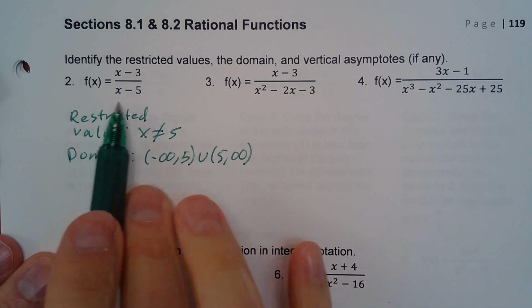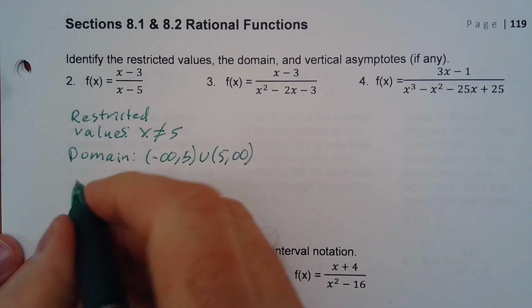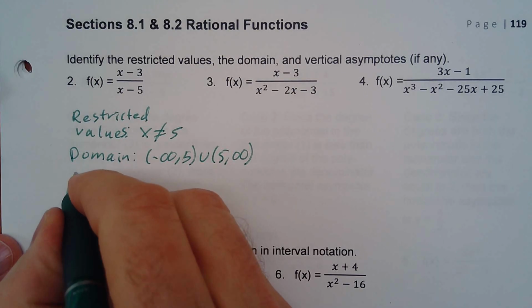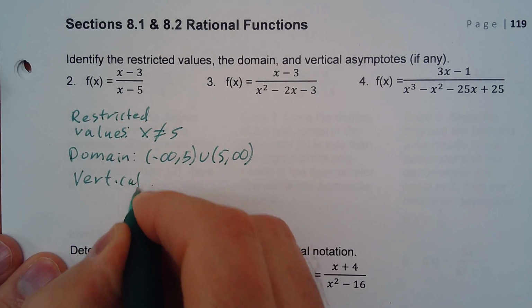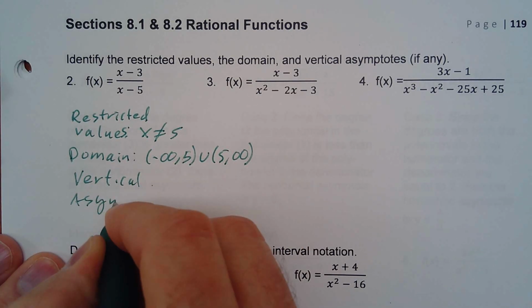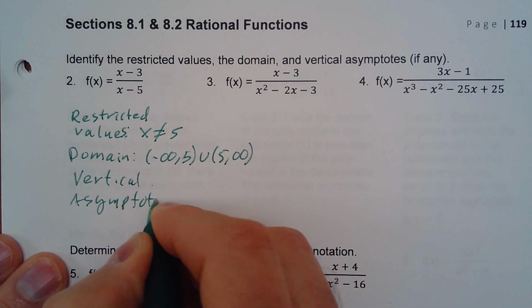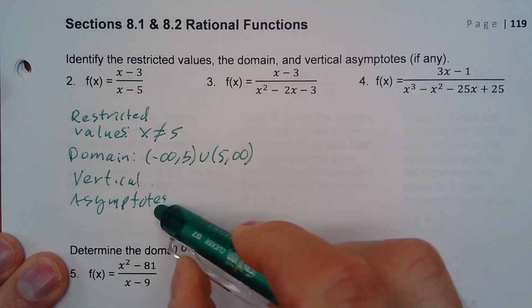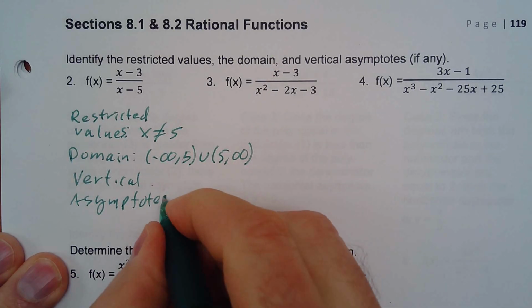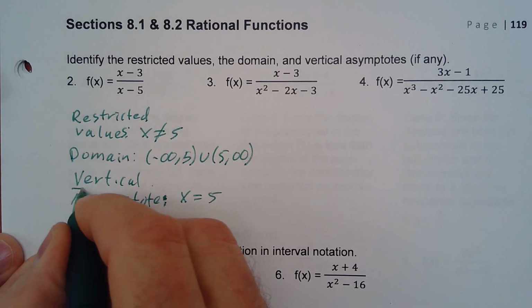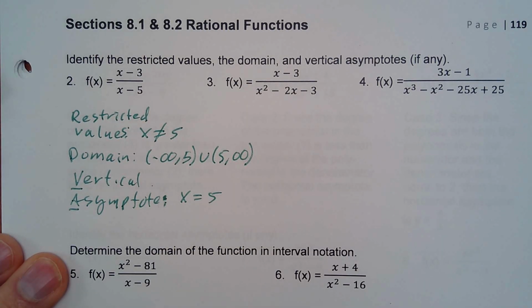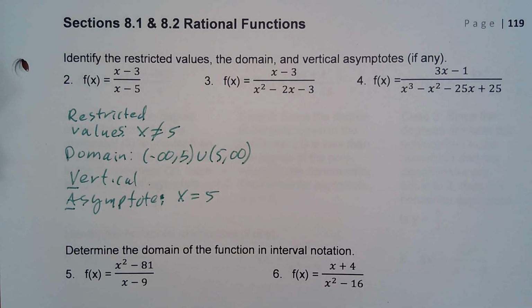And since nothing reduces here, my vertical asymptote would be x equals 5. I'm going to abbreviate vertical asymptote from here on out as VA. So when you see VA, it's not for Veterans Affairs, it's for vertical asymptote.